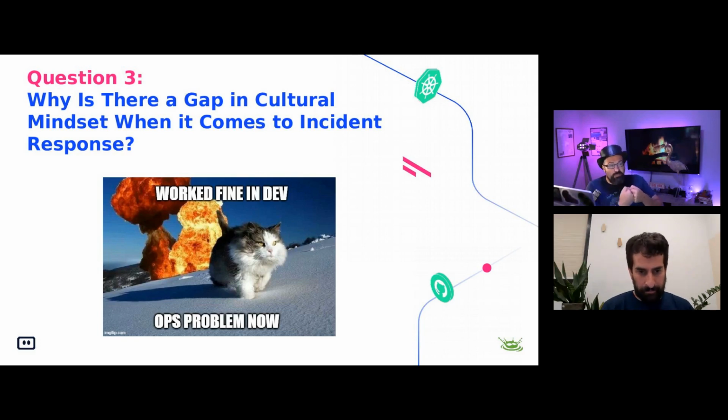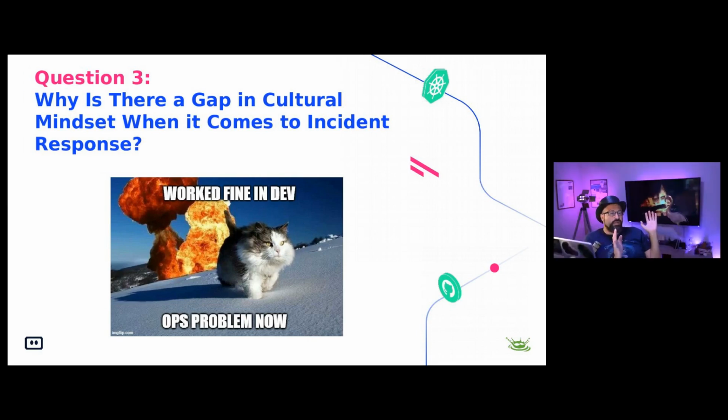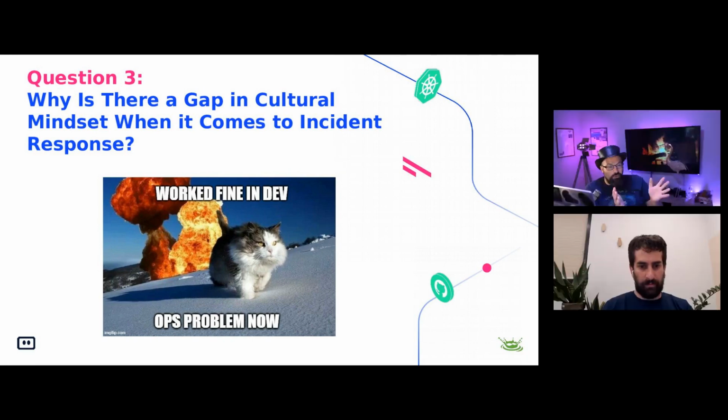But when it comes to incident response, suddenly our gap is there again. The same developers that we just trusted to deploy all the way, and we believe they are doing the right thing, suddenly we have those silos again. Suddenly the ops own the process, and they have the access and everything.